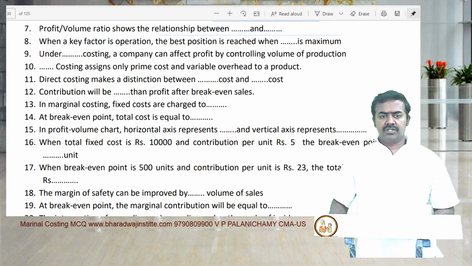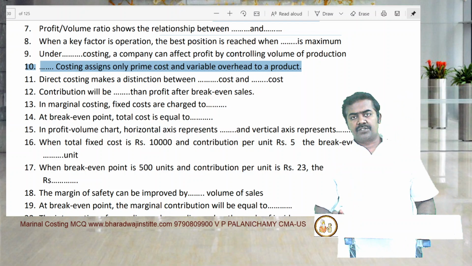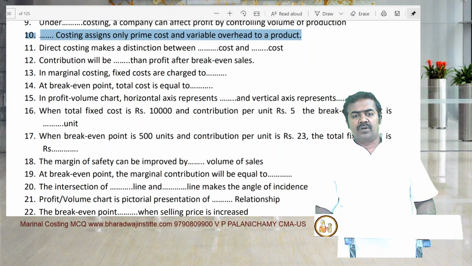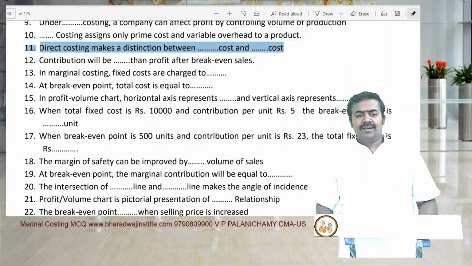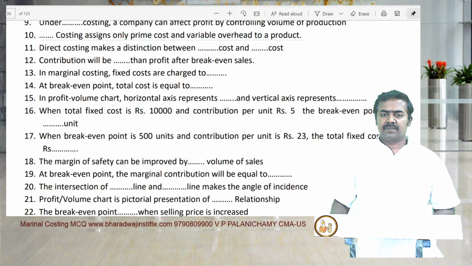Marginal costing assigns only prime cost and variable overheads to product cost. Marginal cost is equal to prime cost plus variable overheads. Direct costing is also known as marginal costing. We make a difference between fixed cost and variable cost.